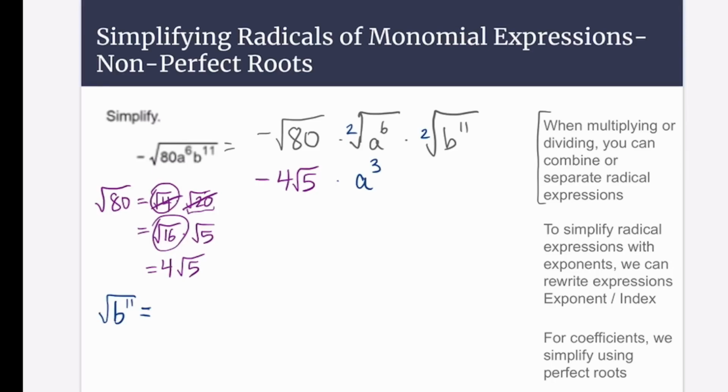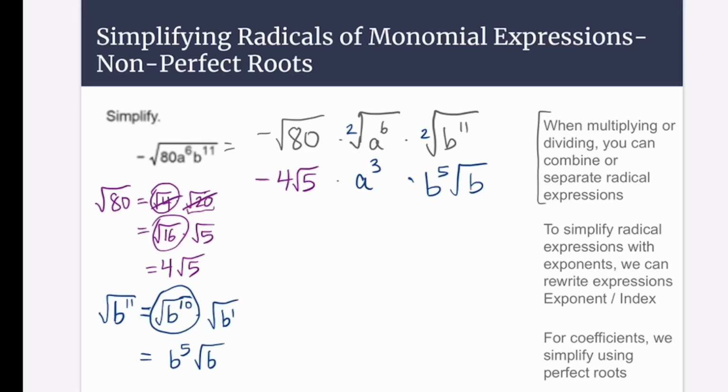If our index is 2, our perfect roots have to be even exponents. So I can rewrite b to the 11th as b to the 10th, which is even, times b to the 1st. The square root of b to the 10th, that is a perfect square. That's b to the 5th power. Then I have this leftover b there. So that simplifies as b to the 5th radical b.